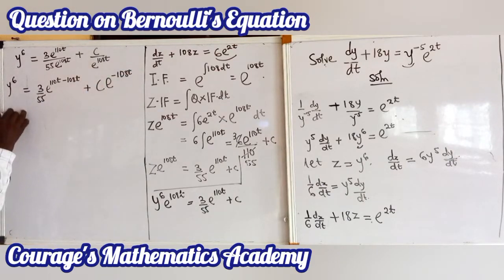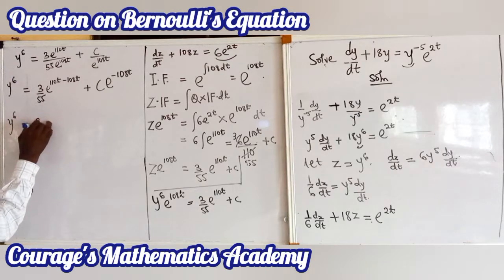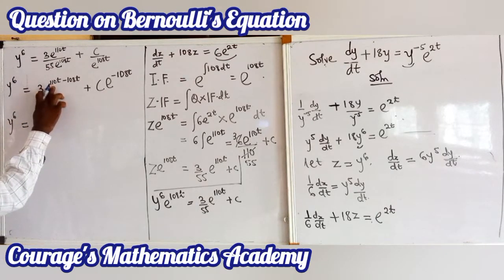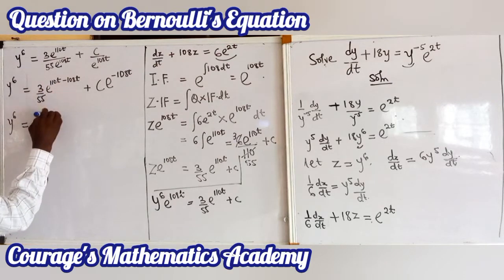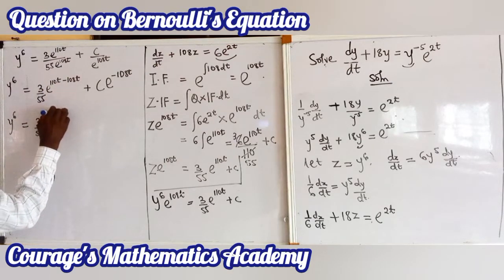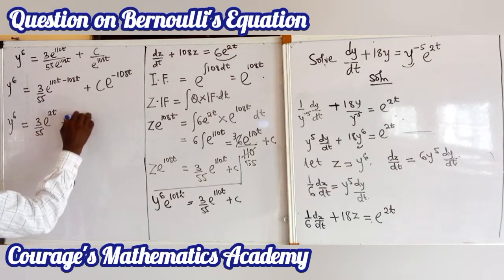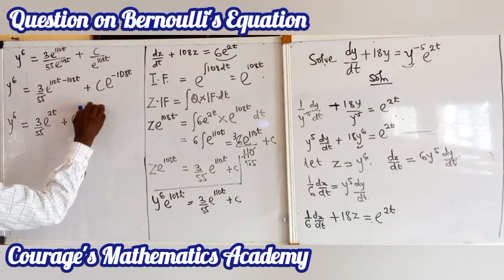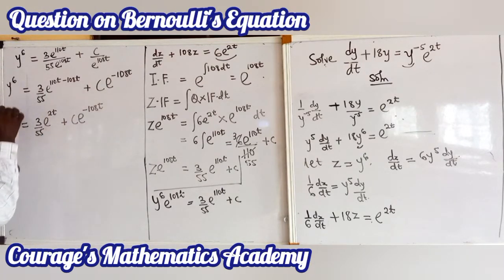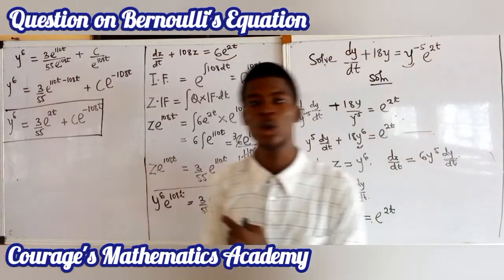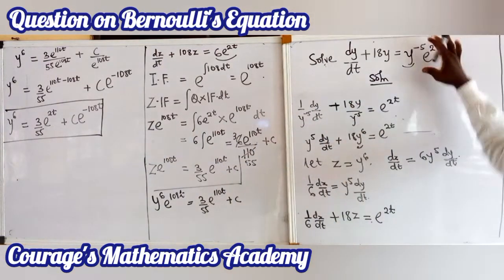So this is what we have: y to the power of 6 is equal to 3 over 55 e to the power of 2t, since 110 minus 108 is 2, plus c times e to the power of minus 108t. So this is the general solution to this equation.